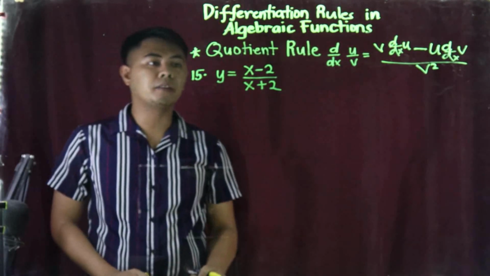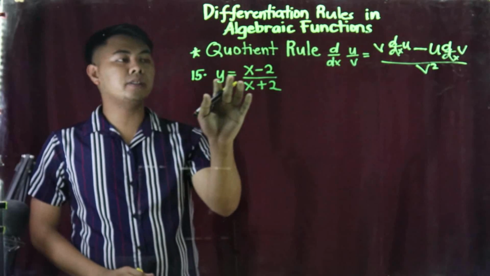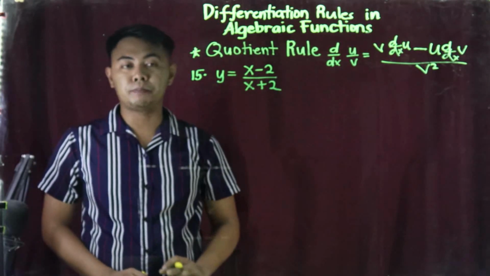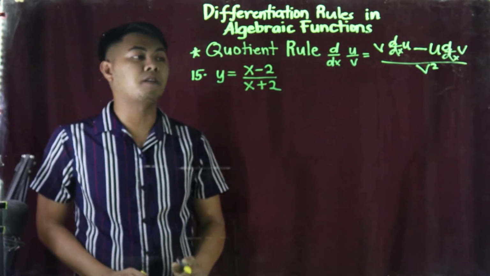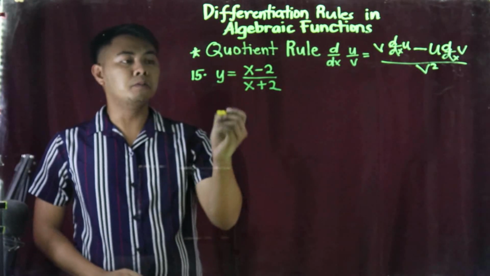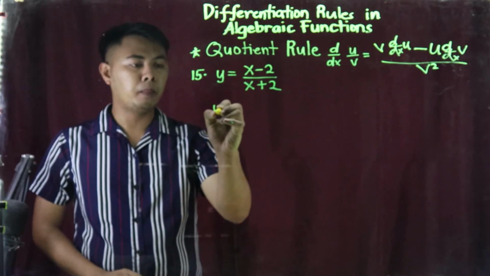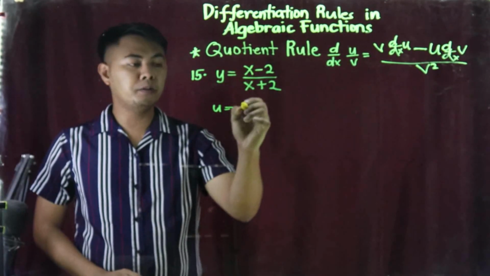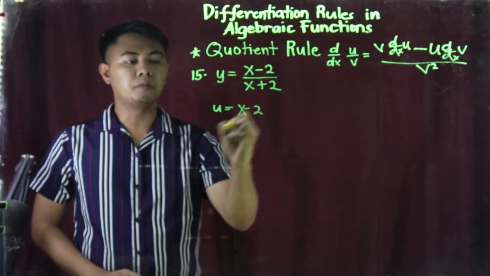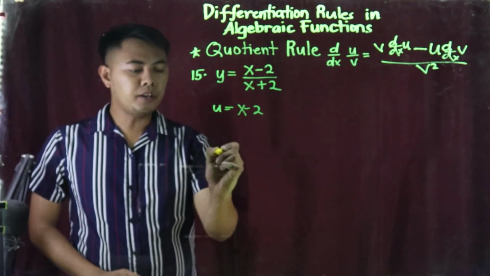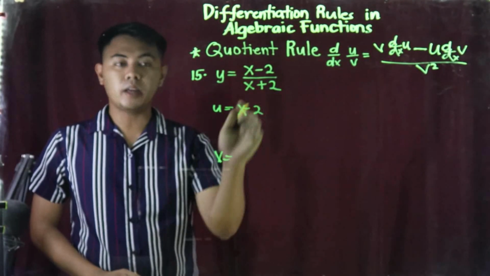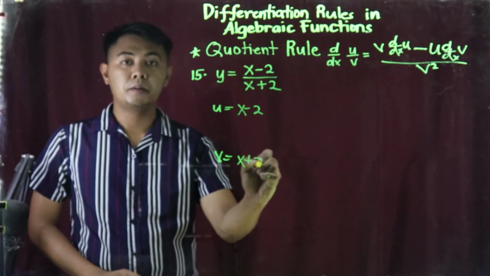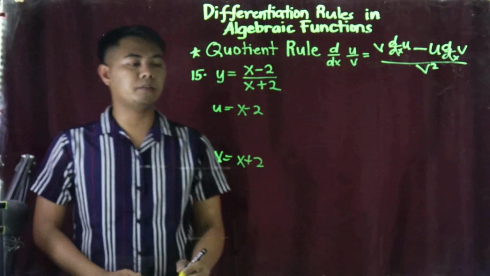So that's the formula in finding the derivative of a rational function. Example number 15. Find the derivative of y is equal to x minus 2 over x plus 2. So first thing to do, we need to determine our u, which is the numerator, x minus 2, and v is equal to x plus 2, the denominator.